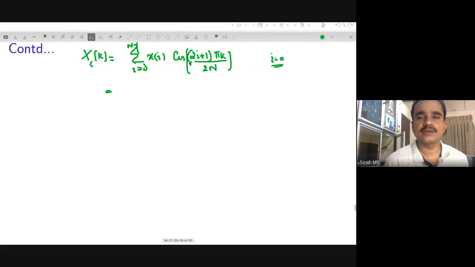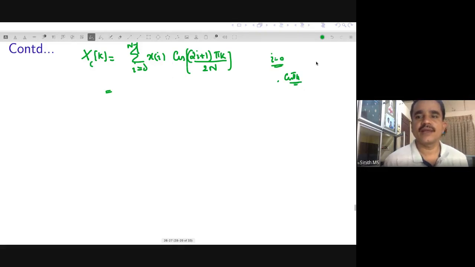This becomes cos(pi k by 2n), which is a multiple of cos pi by k, and this becomes 1.